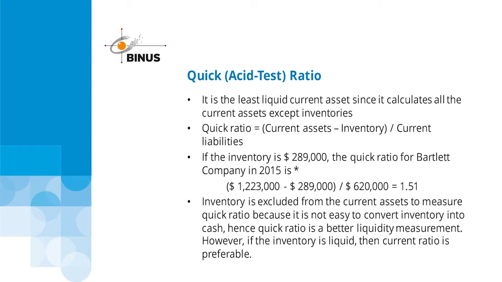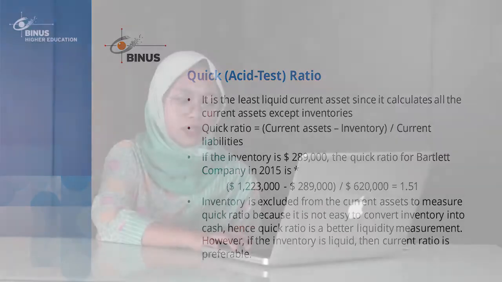Let's say with the same amount of current assets and current liabilities as the previous one, we have inventory of $289,000. So the quick ratio will be 1.51. However, if the inventory is liquid, then the current ratio is preferable.